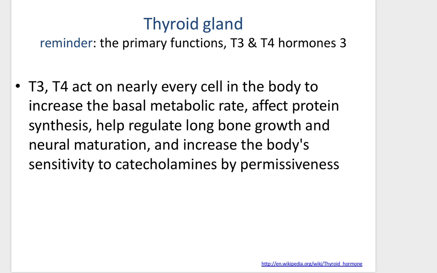T3, T4 act on nearly every cell in the body to increase the basal metabolic rate, affect protein synthesis, help regulate long bone growth and neural maturation, and increase the body's sensitivity to catecholamines by permissiveness.